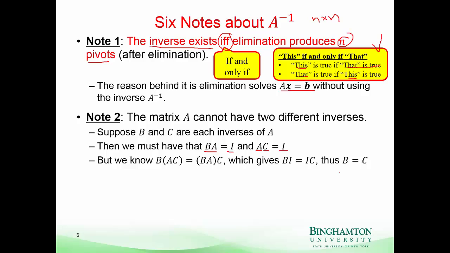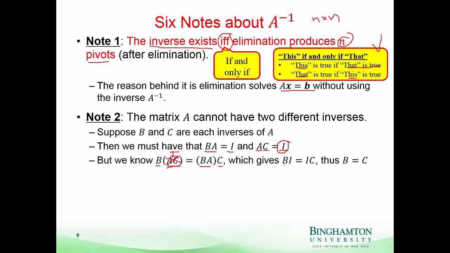But we know that by the associativity of matrix multiplication, it doesn't matter what order we do this, so B times the product AC must be equal to the product BA times C. So we know that is true. But what do we know, right? We know that AC gives us the identity matrix, so this becomes the identity matrix.